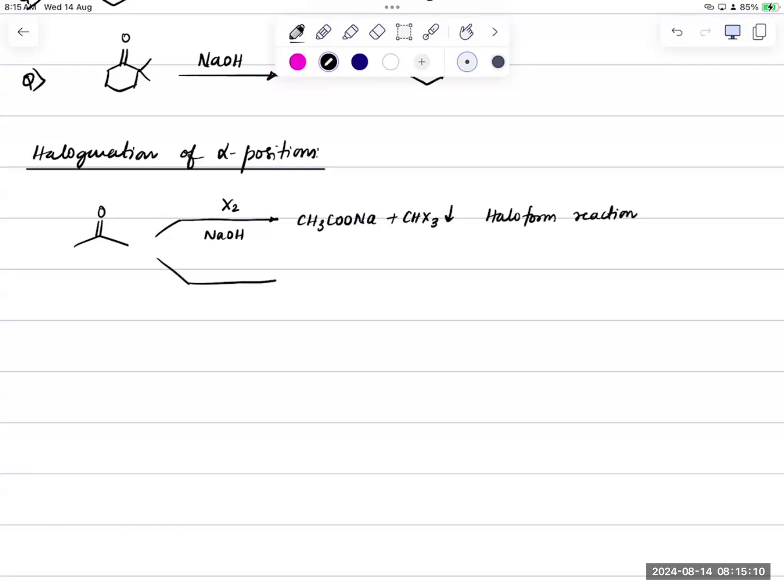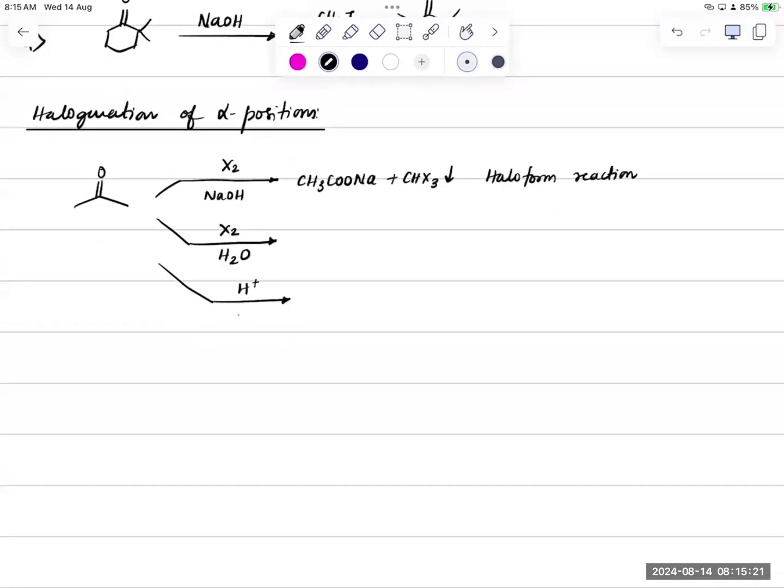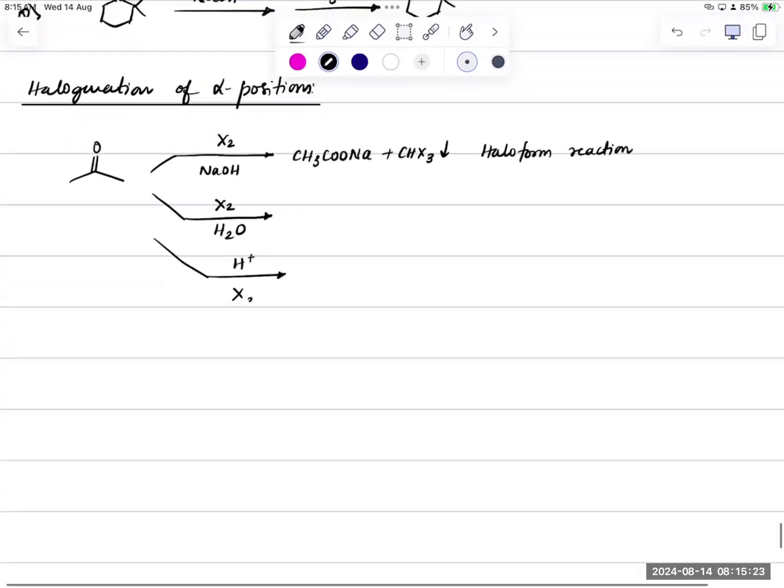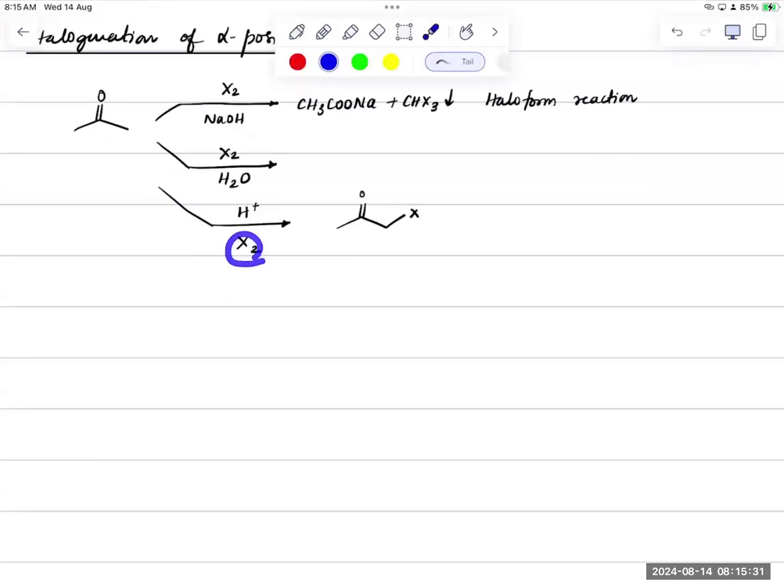But if you do the same thing in acidic medium, that is X2 in the presence of H2O or H plus in the presence of X2 here, in that case, you will notice that only one halogen substitution has been observed like this. If you take 2 moles, you'll get one more halogen here.